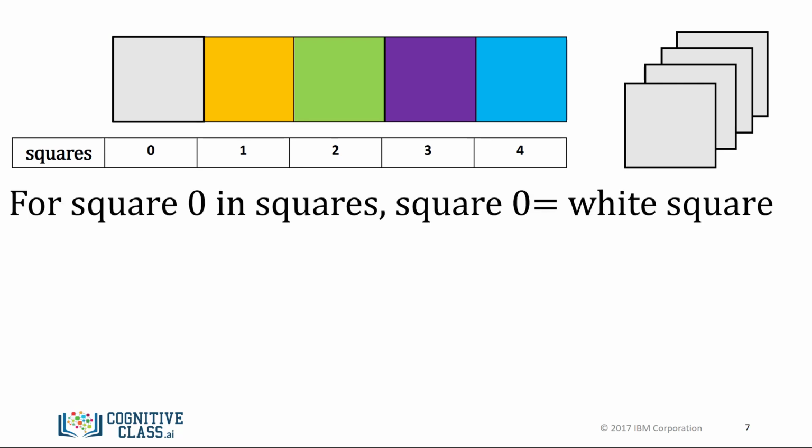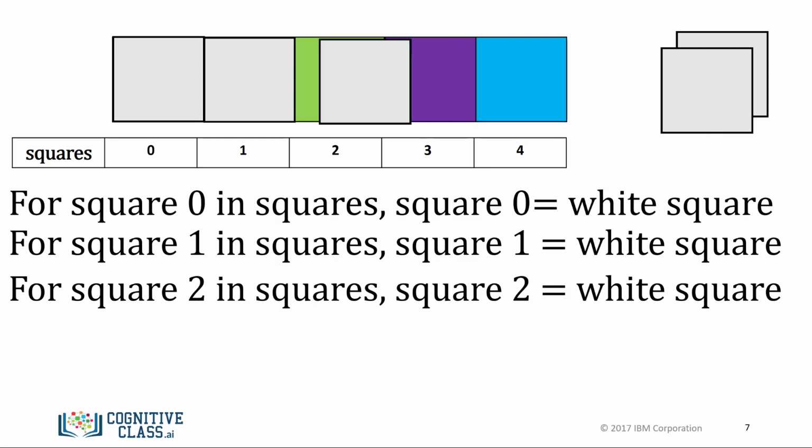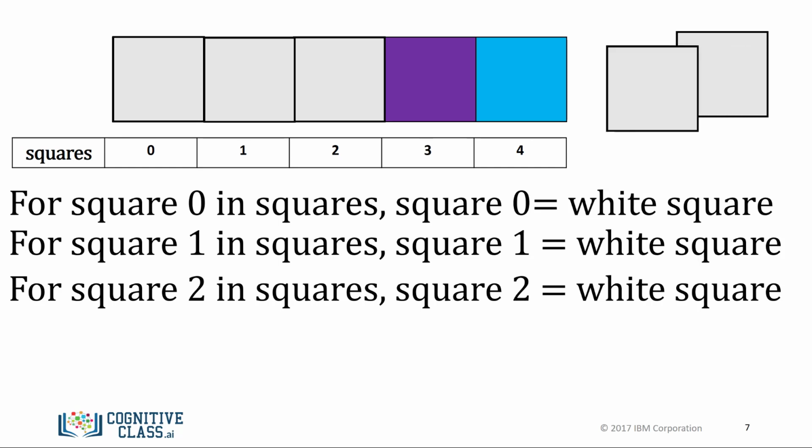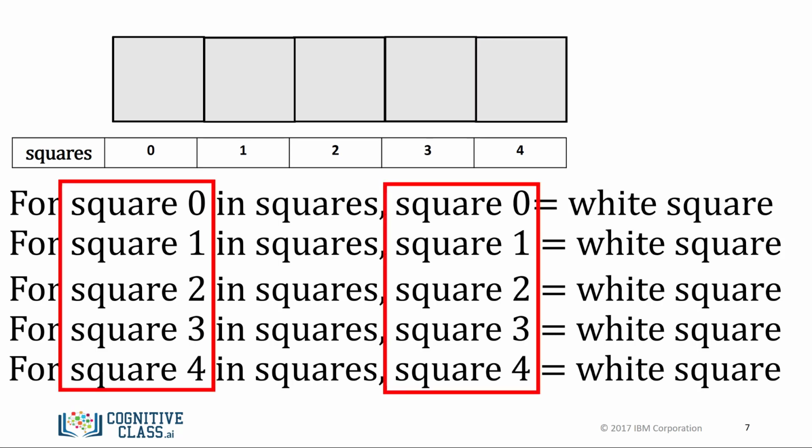Similarly, for the next square, we can say: for square 1 in squares, square 1 equals white square. For the next square, we can say: for square 2 in squares, square 2 equals white square. We repeat the process for each square. The only thing that changes is the index of the square we are referring to.